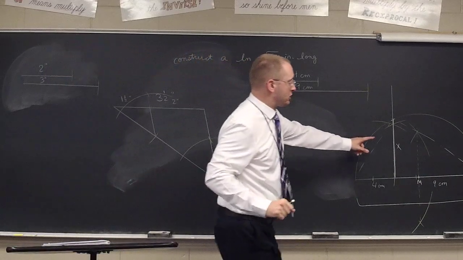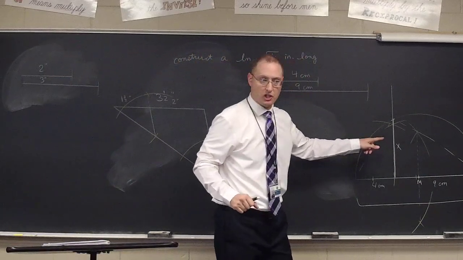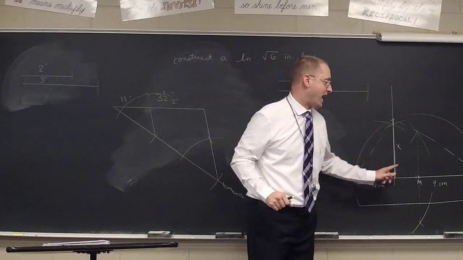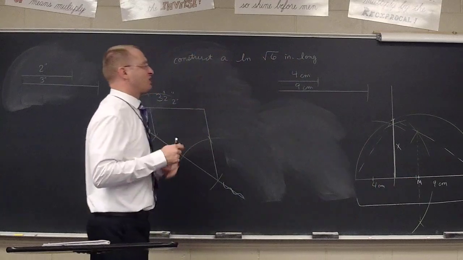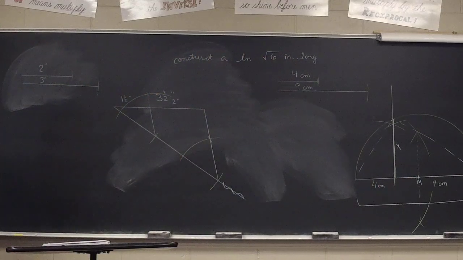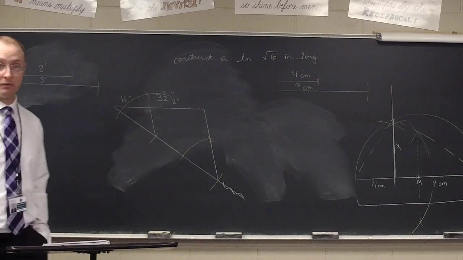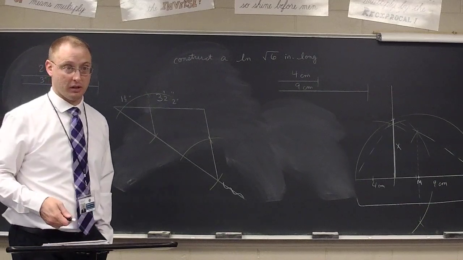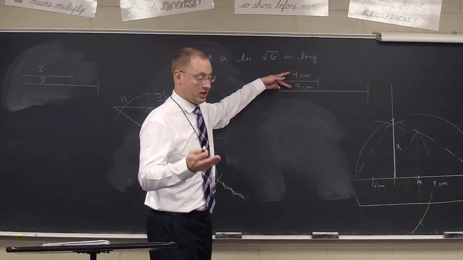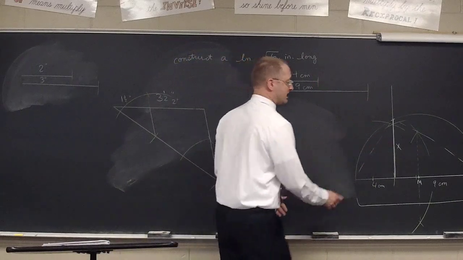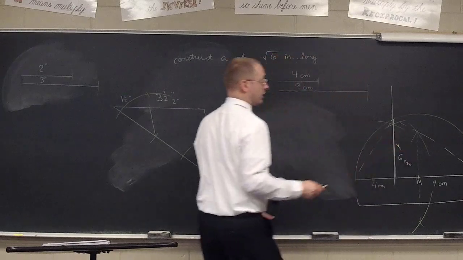Realize this line was supposed to be 6 centimeters because that's the mean proportional between 4 and 9 centimeters. What type of segments might I use if I wanted a square root of 6? Because I took the square root of the product, right? I said 4 times 9 is 36. The square root is 6. So that's how I got a 6 centimeter line here.